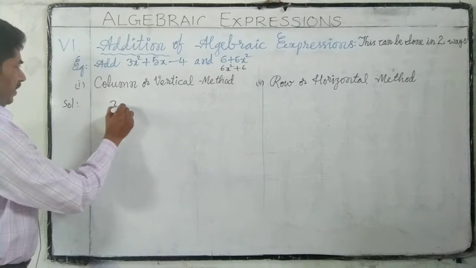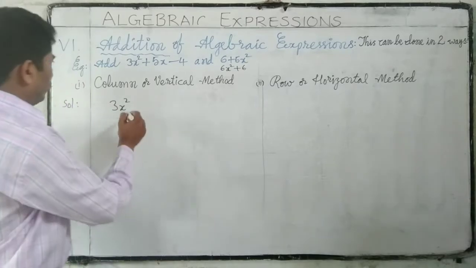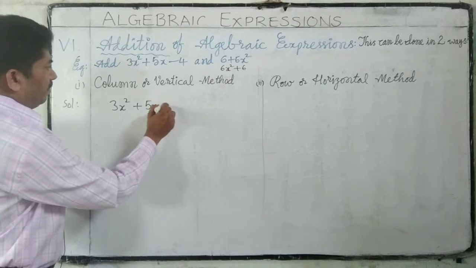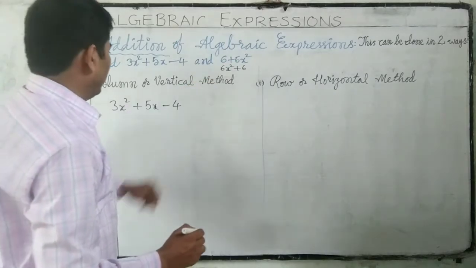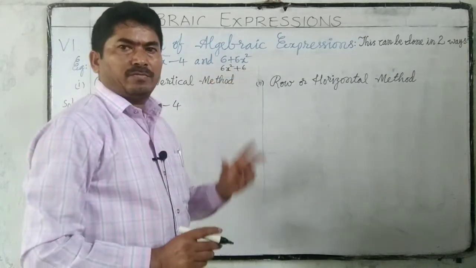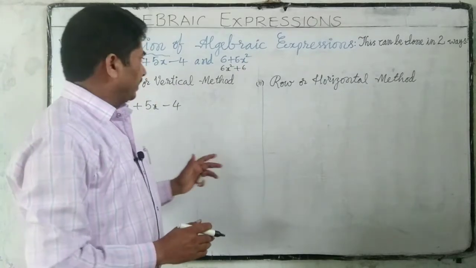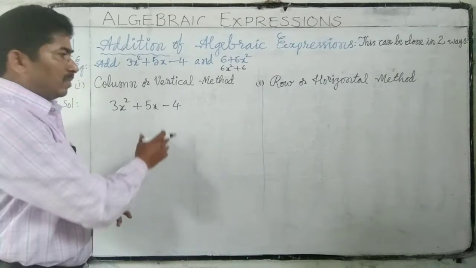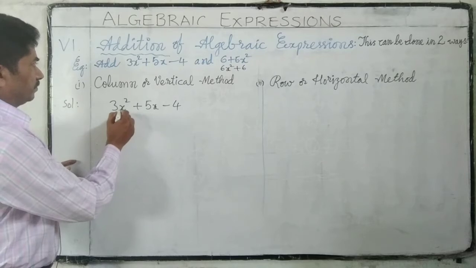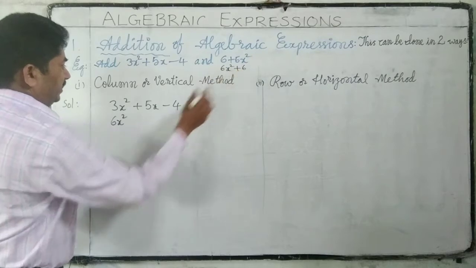So 3x square plus 5x minus 4, and for the standard form, 6x square plus 6. First we have to write one below the other such that the like terms come in the same column: 3x square, 6x square plus 6.